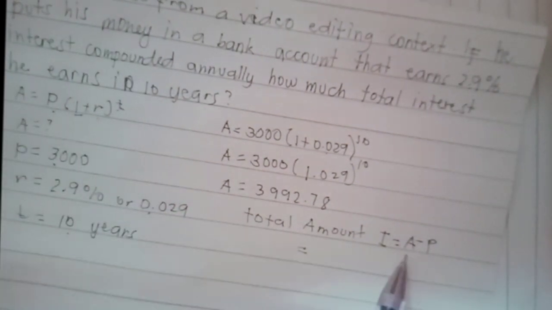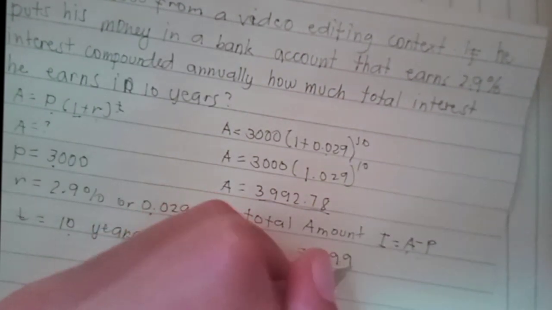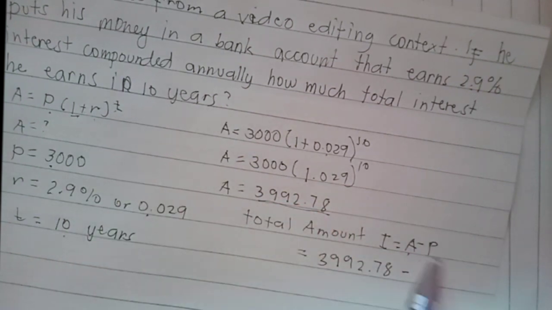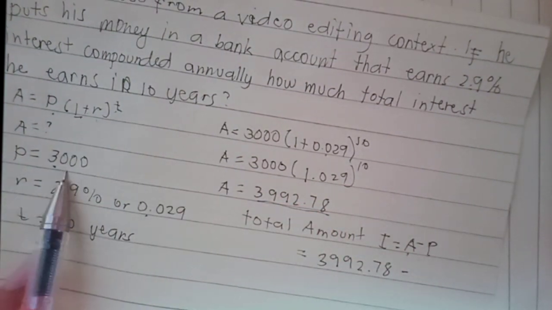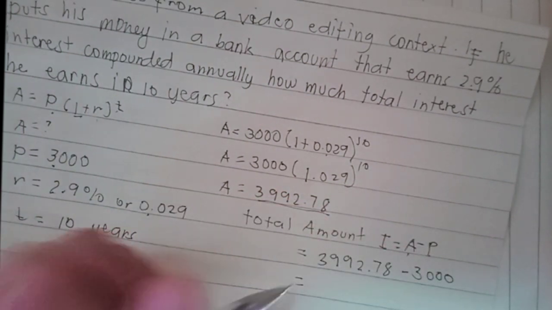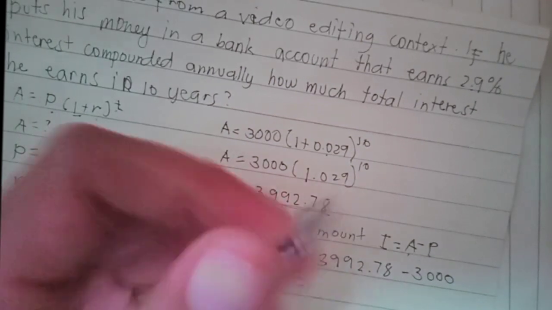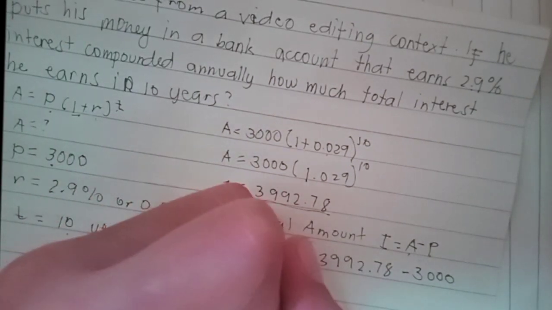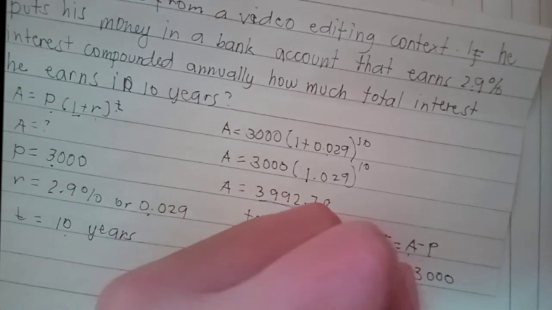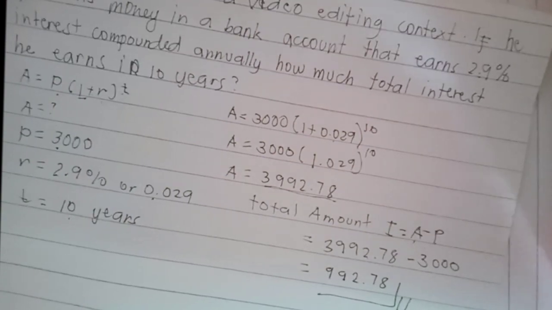So 3,992.78 minus the principal 3,000. So we've got 992.78. Final answer.